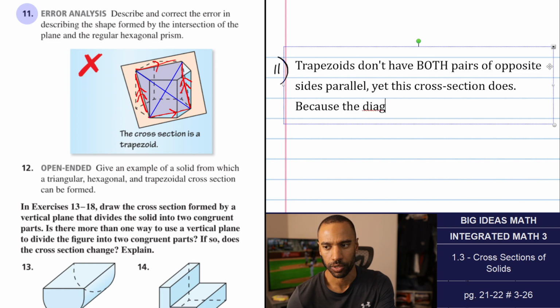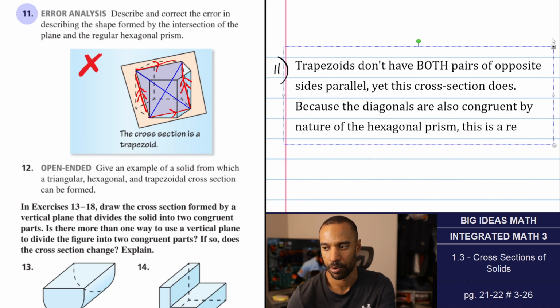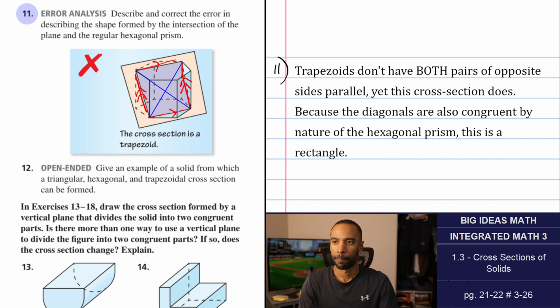Because the diagonals are also congruent by nature of the hexagonal prism, this is a rectangle. Not necessarily just a parallelogram. It is a rectangle. Okay.